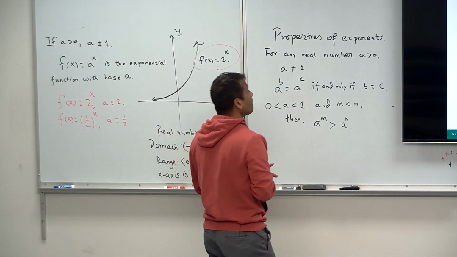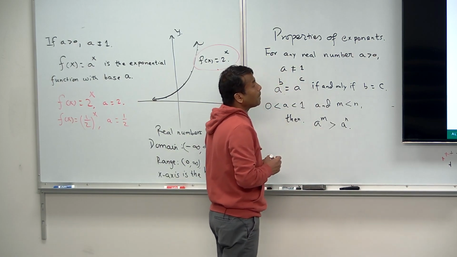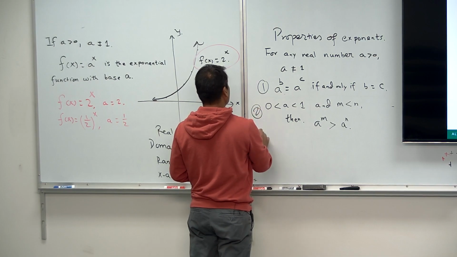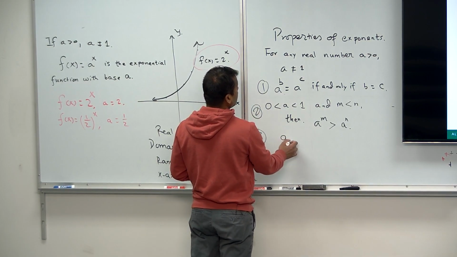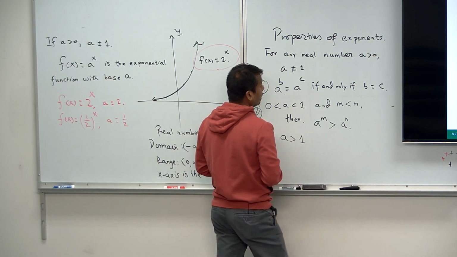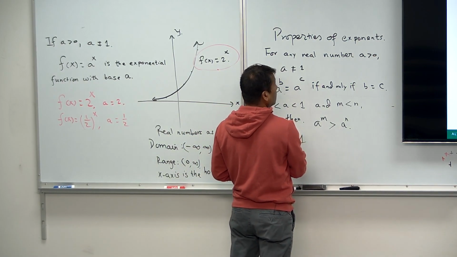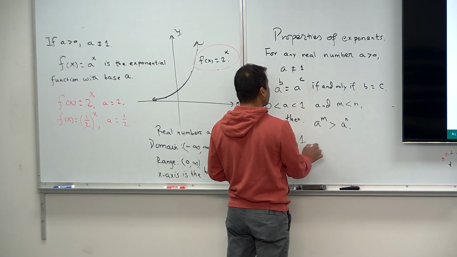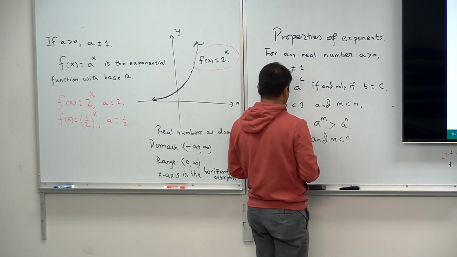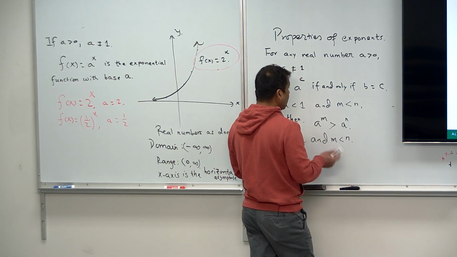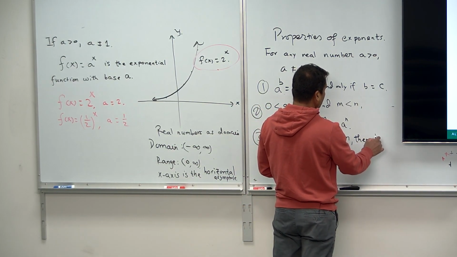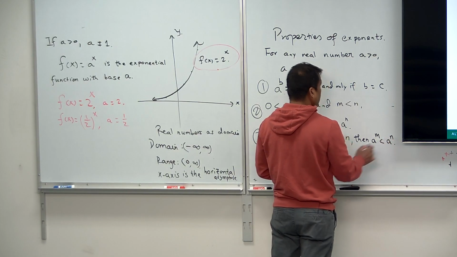Did you get it, guys? So this is property 1, this is property 2, property 3. If a is greater than 1 and m is less than n, then a to the power m is less than what? A to the power n.